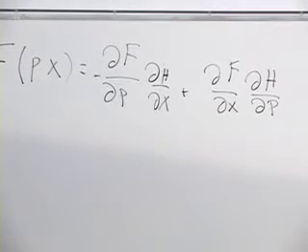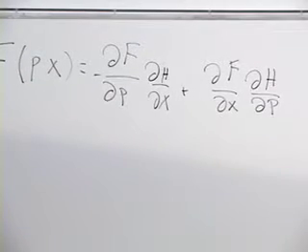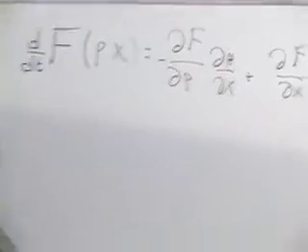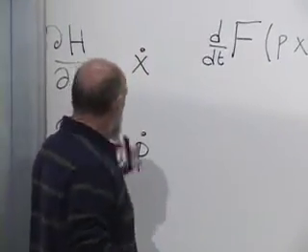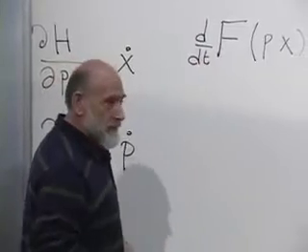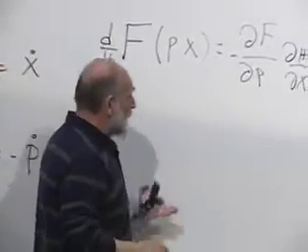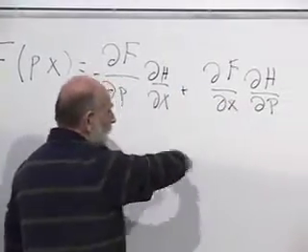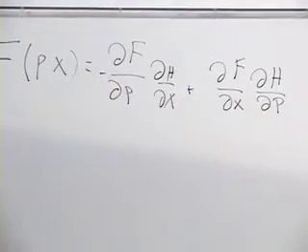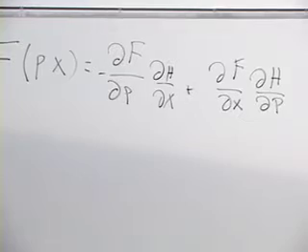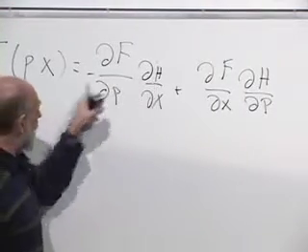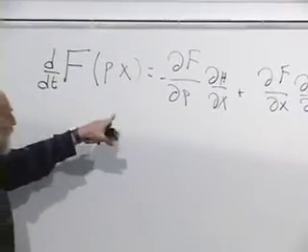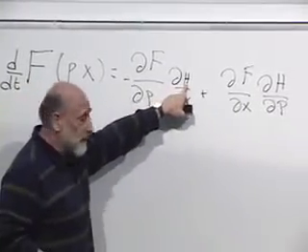This combination, given two functions h and f, one of them happens to be the Hamiltonian here, one of them happens to be some arbitrary observable, but given two functions of x and p, this combination is called the Poisson bracket. You don't have to remember it. I just want you to remember that the time evolution of anything is gotten by some operation that involves the Hamiltonian.